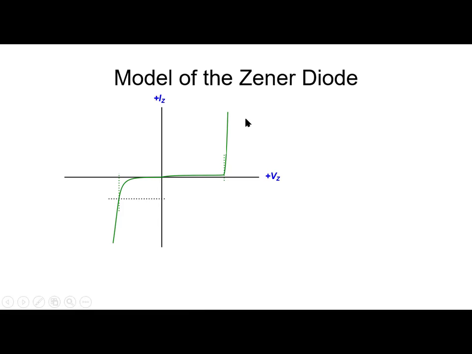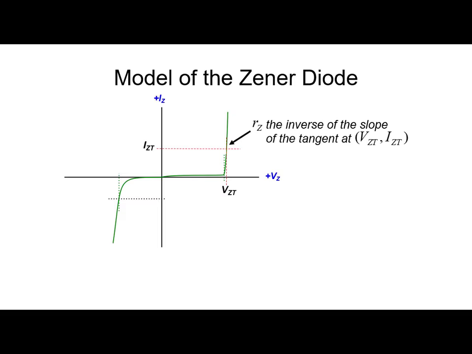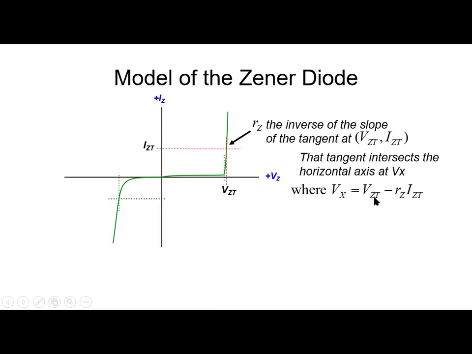How do we represent the Zener diode then? We have seen that, right? We use VZT and IZT, and we use RZT, the inverse of the slope of the tangent at the test point. Immediately with that, we find the tangent to the curve at the test point intersects the horizontal axis at Vx, and Vx is VZT minus RZT IZT.